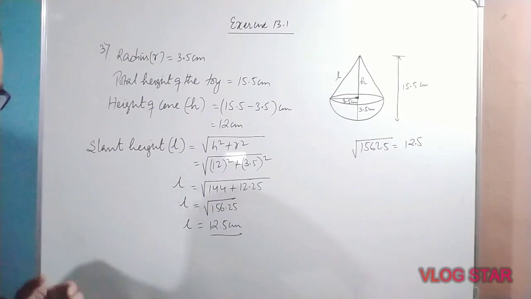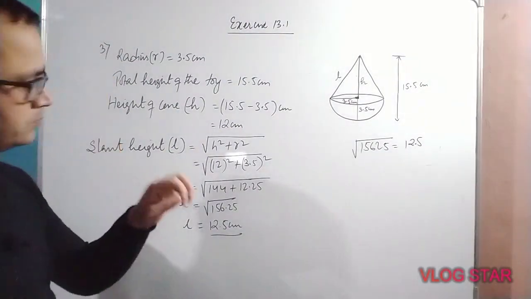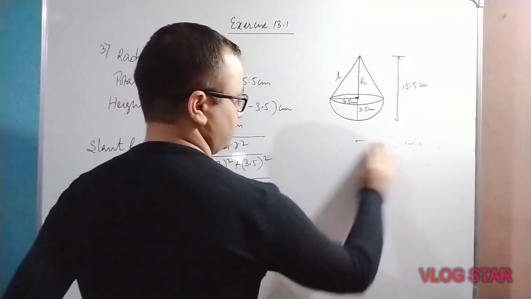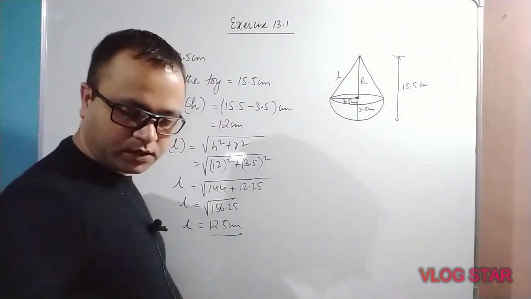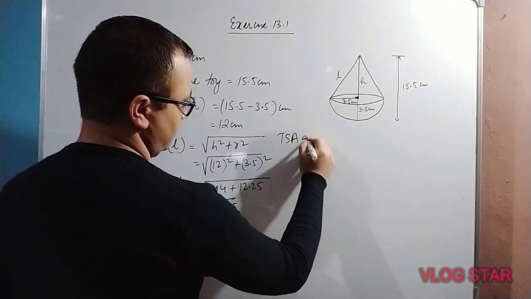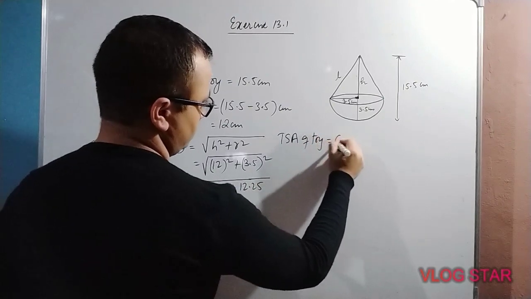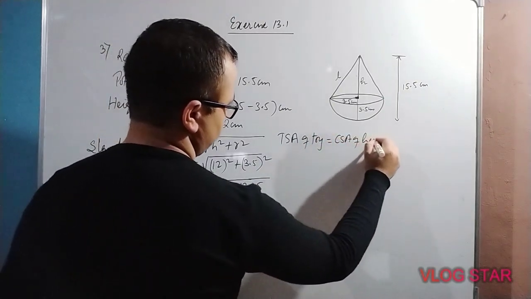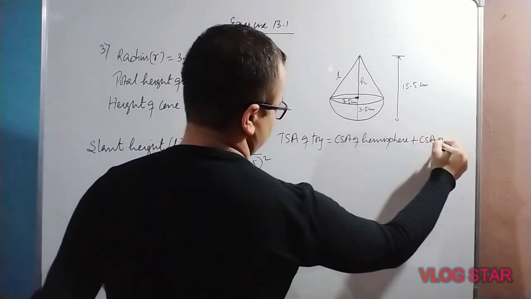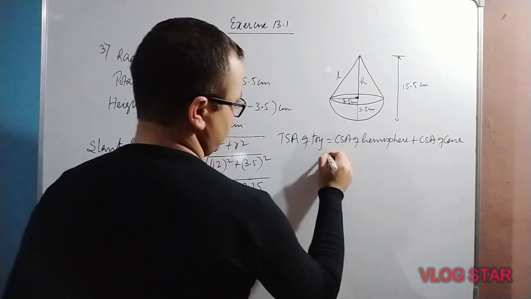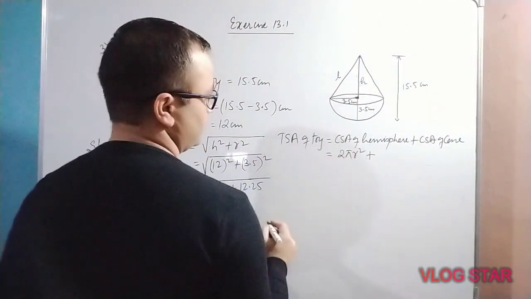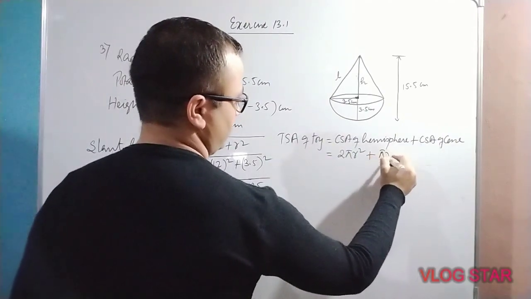Now we can calculate the total surface area of the toy. TSA, total surface area of the toy, equals CSA of hemisphere plus CSA of cone. CSA of hemisphere is 2 pi r square plus CSA of cone is pi r l.